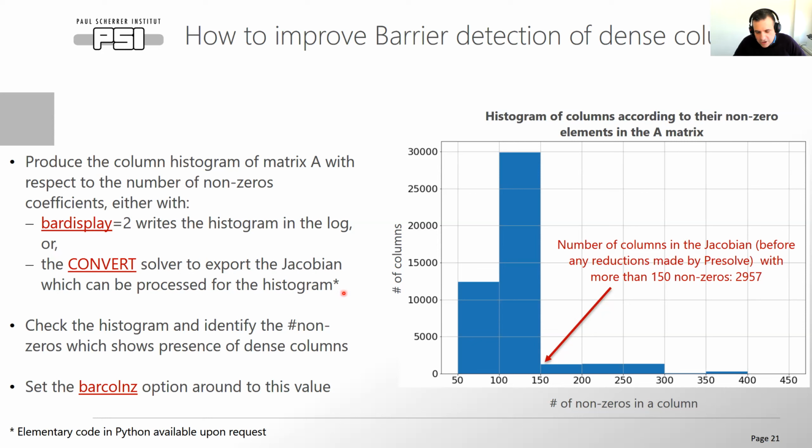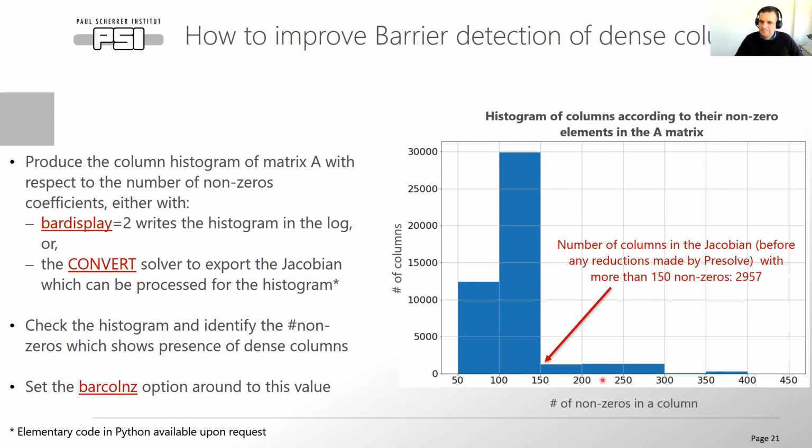If you produce the histogram, you can see something like this in our test problem: many columns with 50 to 100 non-zeros, then even more columns with 100 to 150 non-zeros, and then a few columns above 150 non-zeros.